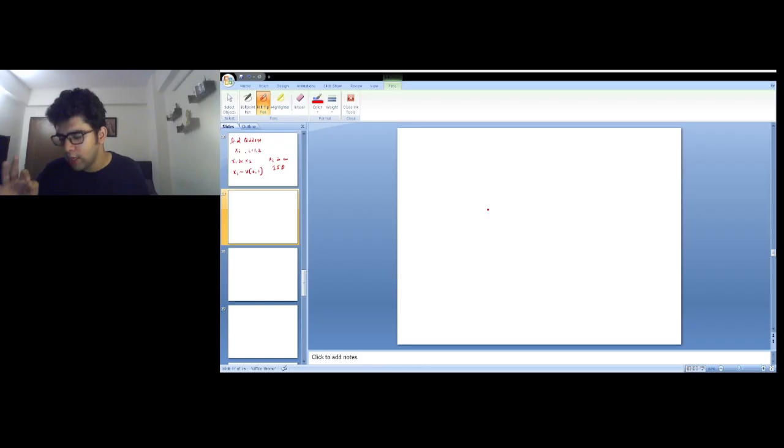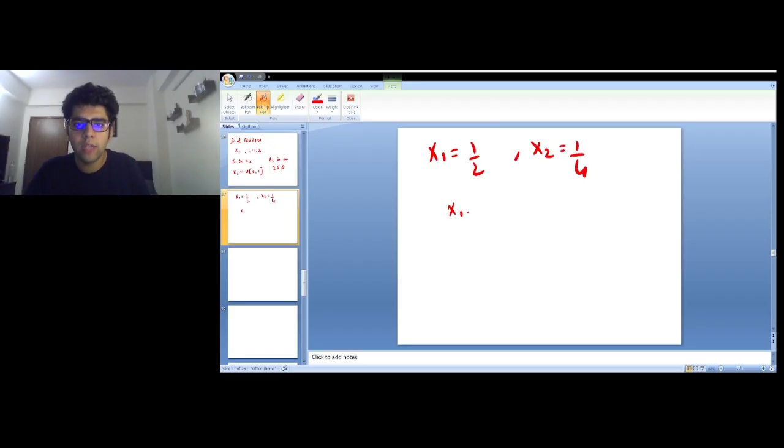The auction rule lets the highest bidder take the object by paying the lowest bid. So for example, if x1 bids half and x2 bids 1/4, we know that x1 is greater than x2. The first bidder, who bid half, will only pay the lower amount of the two bids.